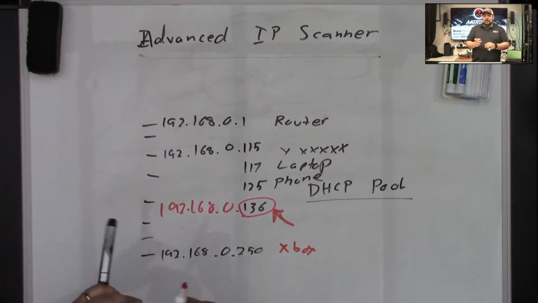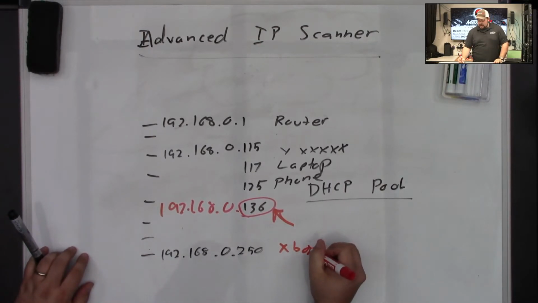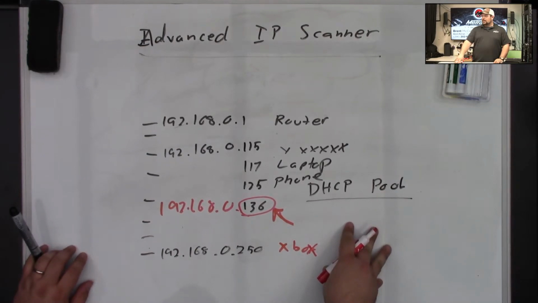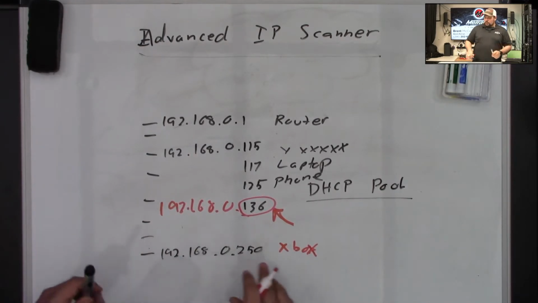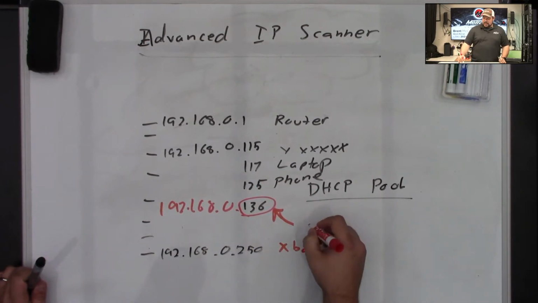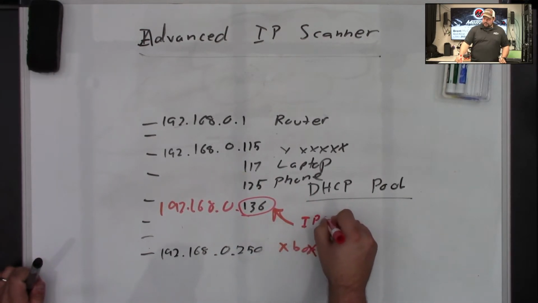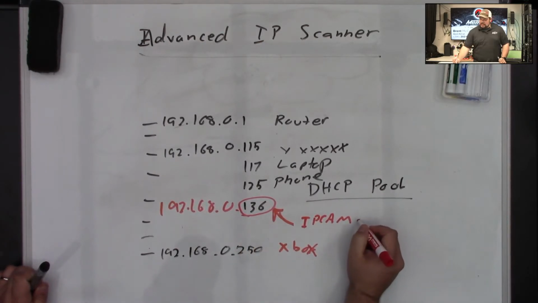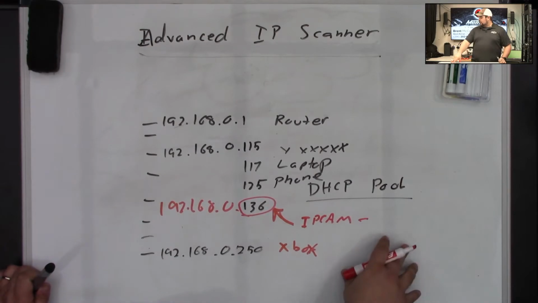Now, when the power goes out and comes back on, it may be time for this Xbox to get a new IP address anyway. There are actually leases, is what it's called. So as the router is handing out new addresses, let's say our IP camera, which is at this 136 address, takes a little bit longer to reboot.